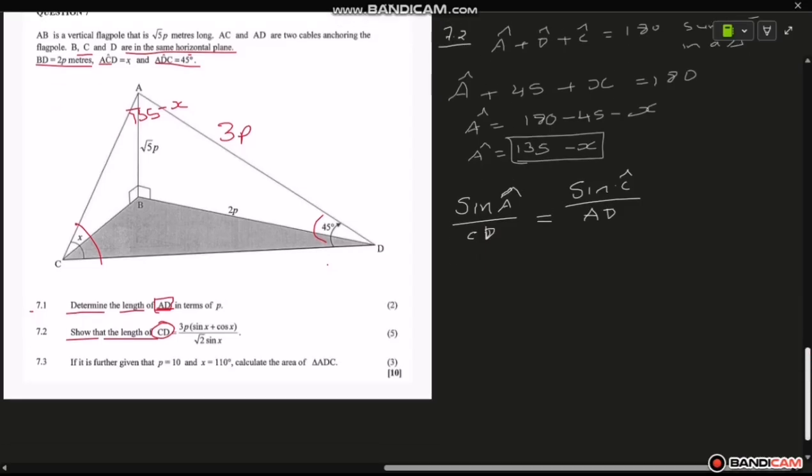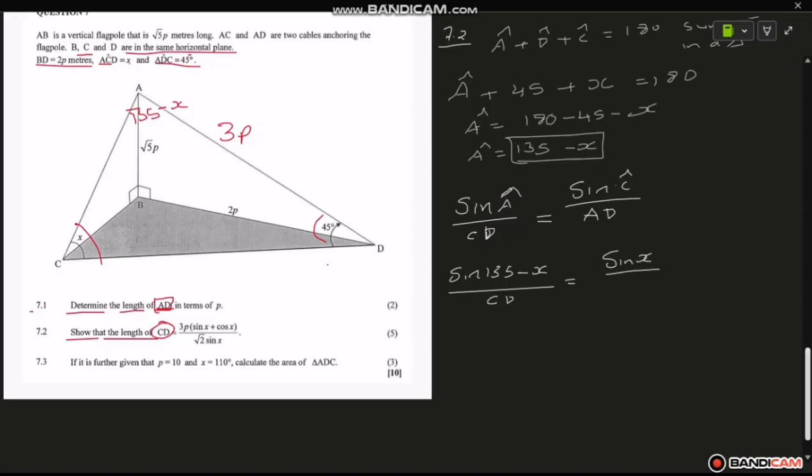It's all about understanding the rules of the properties, when to use them. Therefore, sine A is 135 minus X over CD. We don't have CD, we must prove it. So sine C is X. So sine X over AD. What is the value of AD? Is 3p.